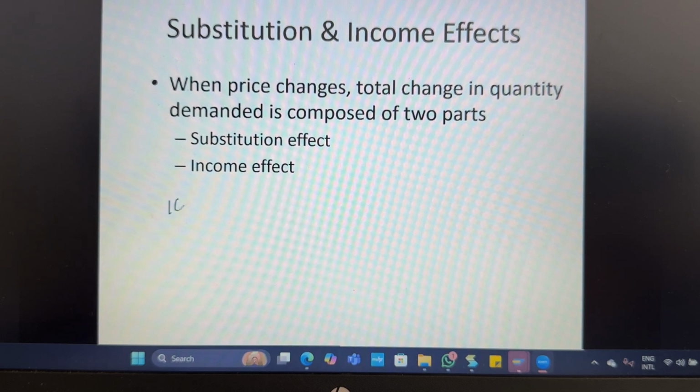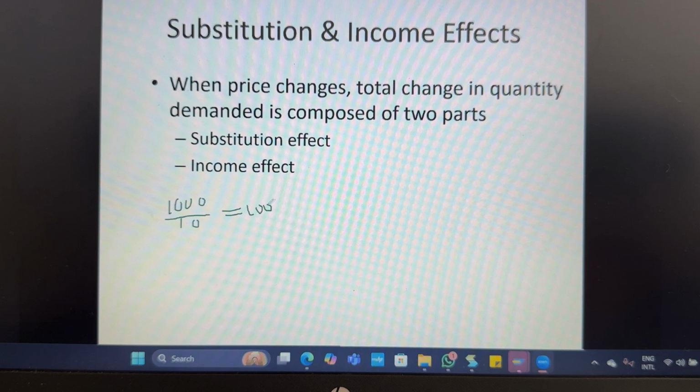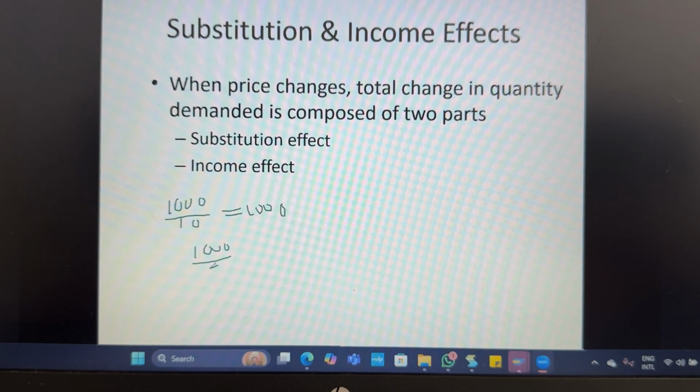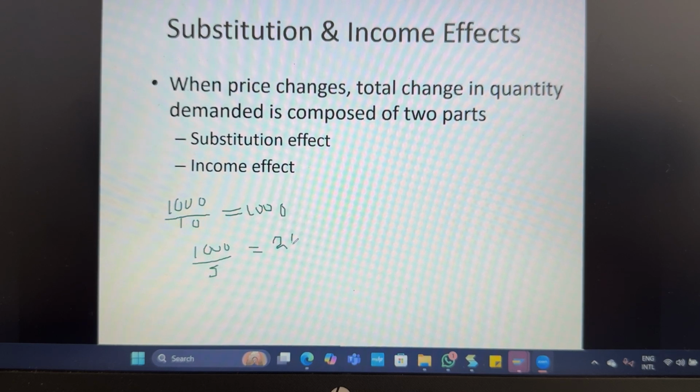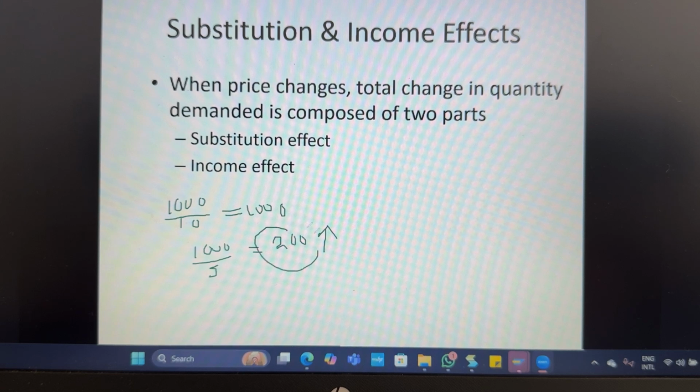Suppose, earlier, I'm taking these numbers, the price of X is 10, so at that time your real income is 100. Now for whatever the reason, the price of X has come down to 5. So what has happened to your real income? Increased to 200. Real income has gone up. Now you can spend more on that commodity, or you can spend the same amount as before and go for some other commodities as well, increasing your satisfaction level.